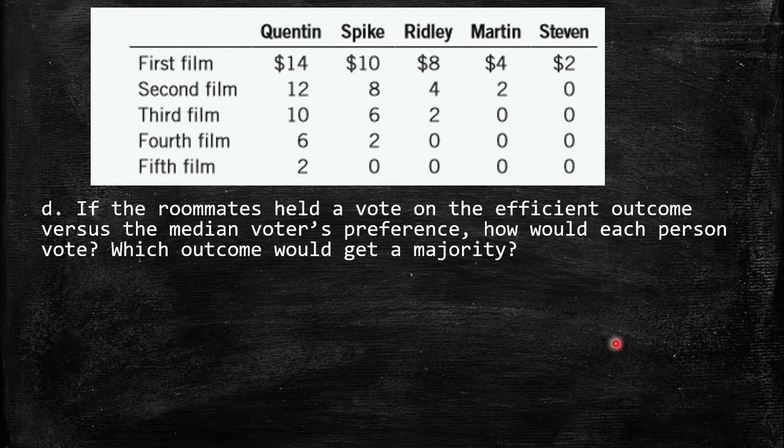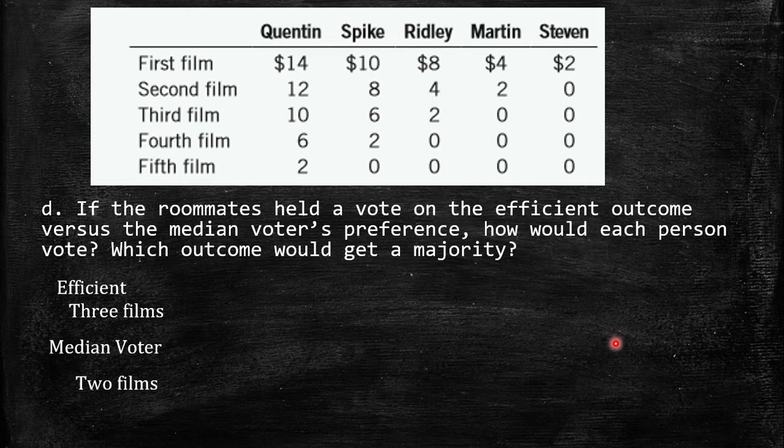If the roommates held a vote on the efficient outcome versus the median voter's preference, how would each person vote? Which outcome would get a majority? The efficient outcome is 3 films and the median voter's is 2 films.